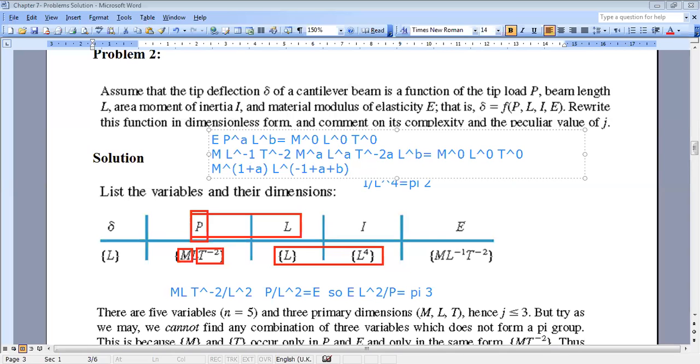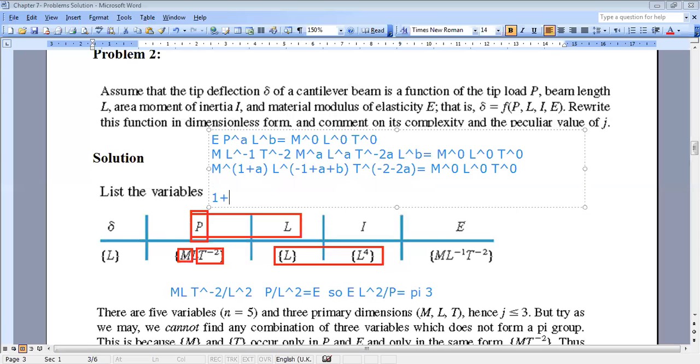And what about T? For T, it's to the power minus 2 and minus 2a, so minus 2 minus 2a. Okay, equals, from the other side, M0 L0 T0. And now you have only to do comparison.